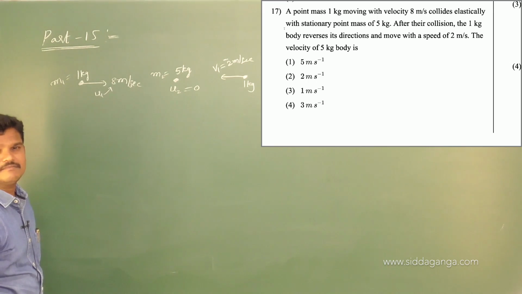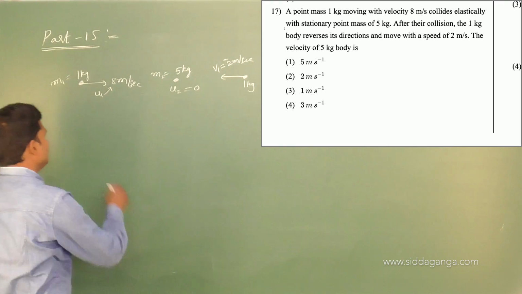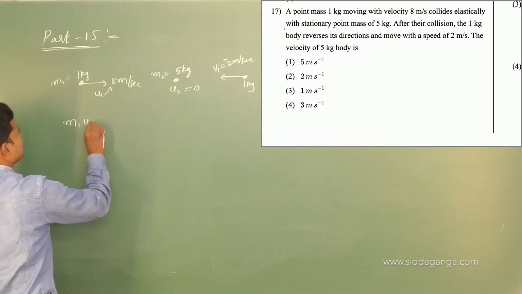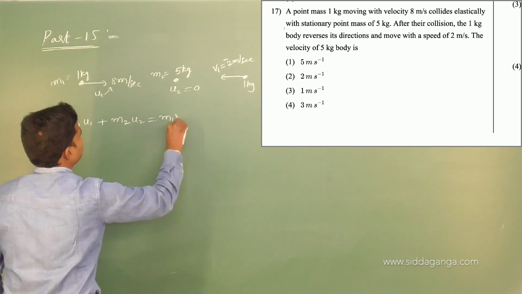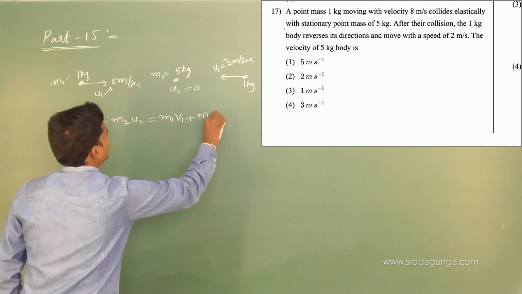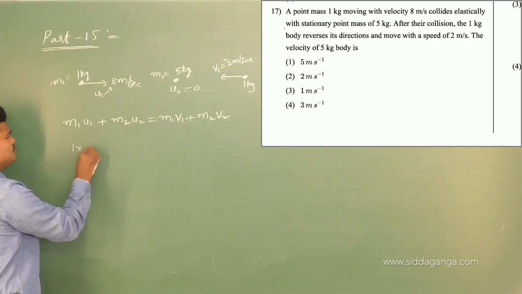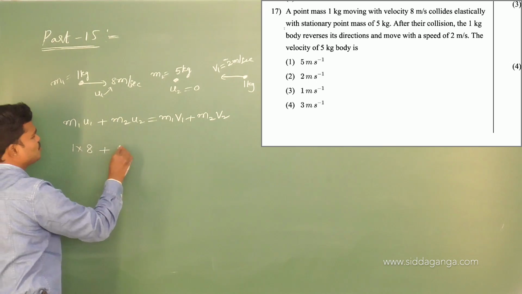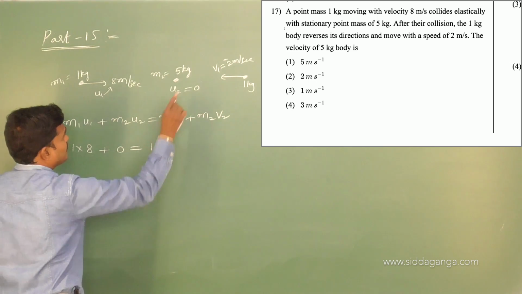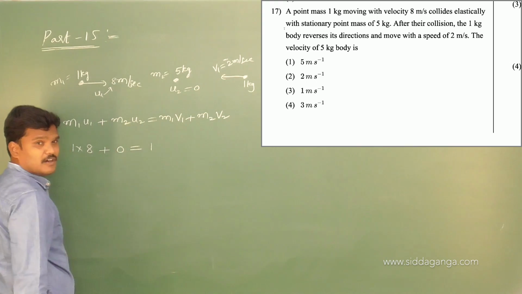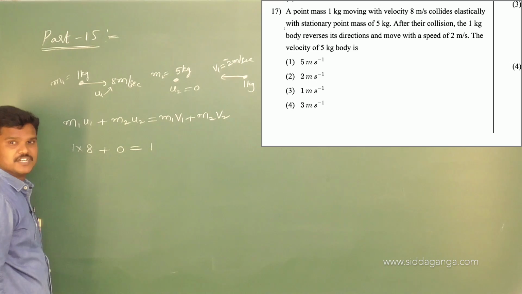Very simple again, use the law of conservation of linear momentum. What is the formula again? m1 u1 plus m2 u2 equals m1 v1 plus m2 v2. m1 is 1, u1 is 8, m2 u2 is 0. v1 is minus 2 because after the collision the body reverses its direction, moving opposite to the original direction.